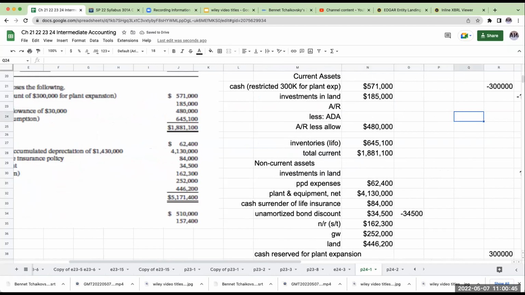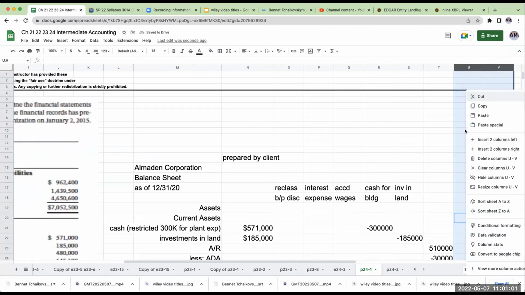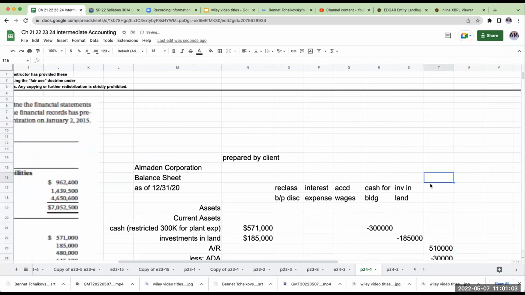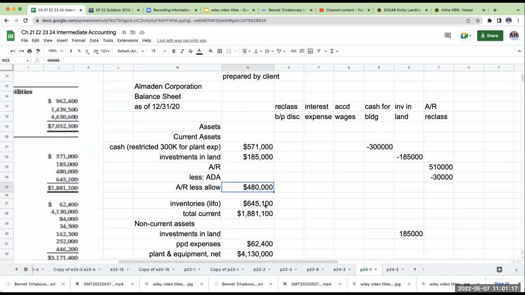So if the allowance for doubtful accounts was 30,000, that must mean the accounts receivable themselves were 510,000. We'll just call this an AR reclass. So this is how it should be shown: 510 minus 30 equals 480. That's all it really is.